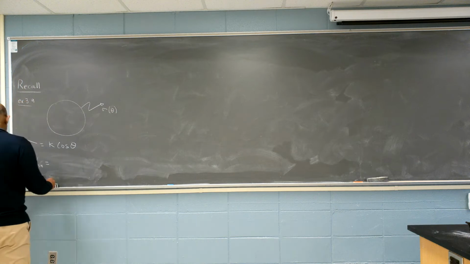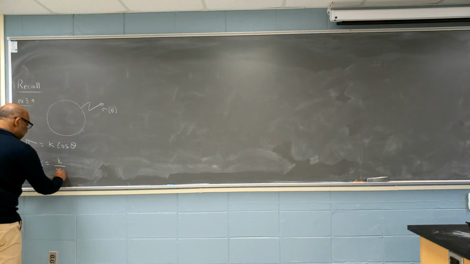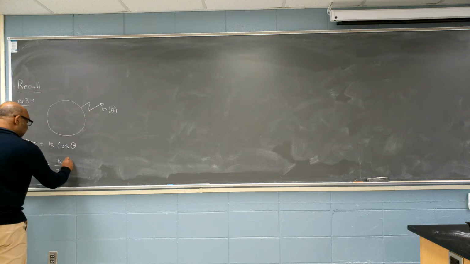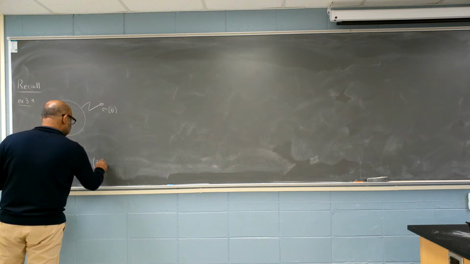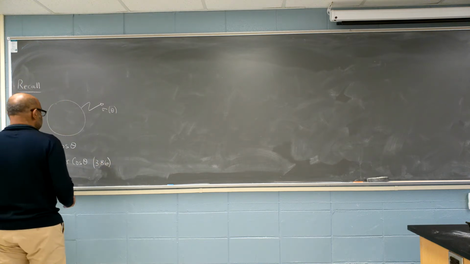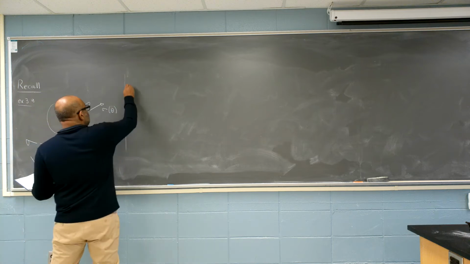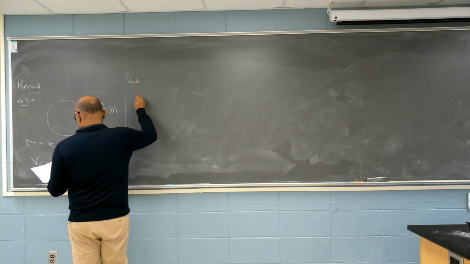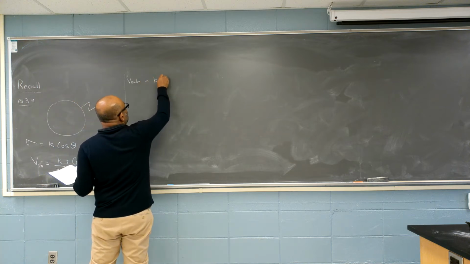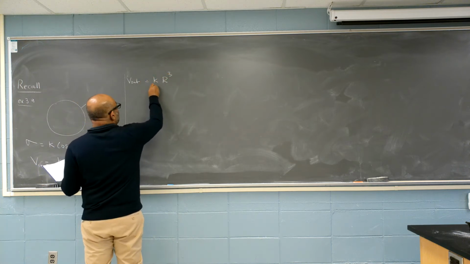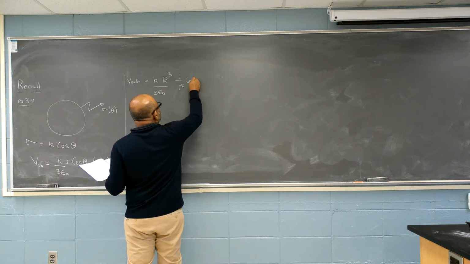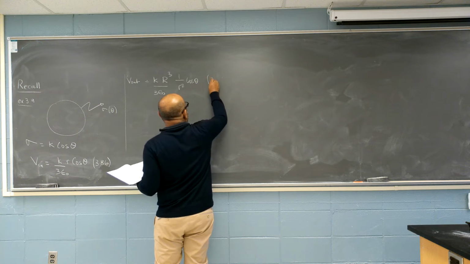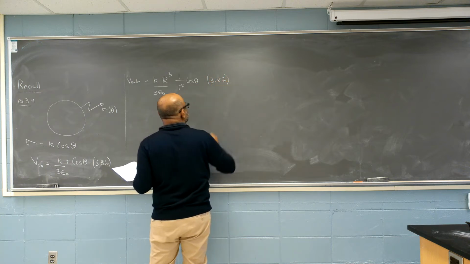So V inside is K R cosine theta over 3 epsilon naught, and this is coming from equation 3.86, and V outside is K R cubed over 3 epsilon naught times 1 over R squared cosine theta, and this is 3.87.